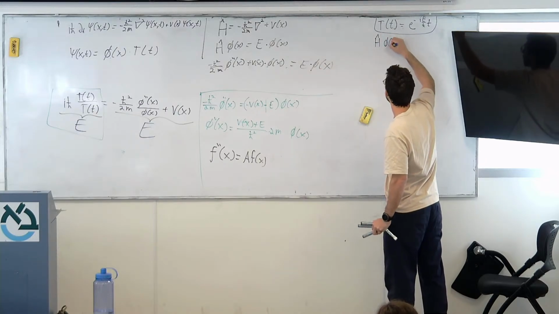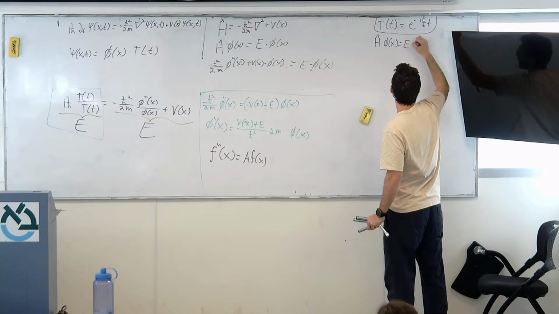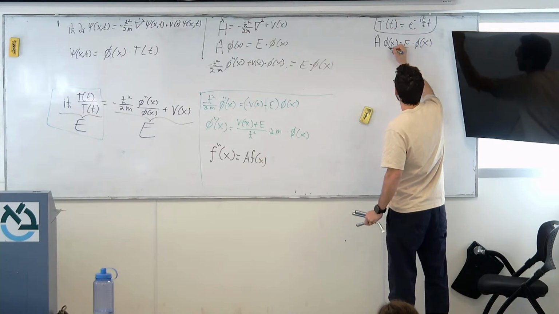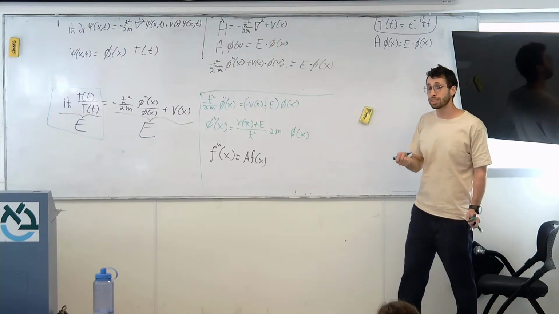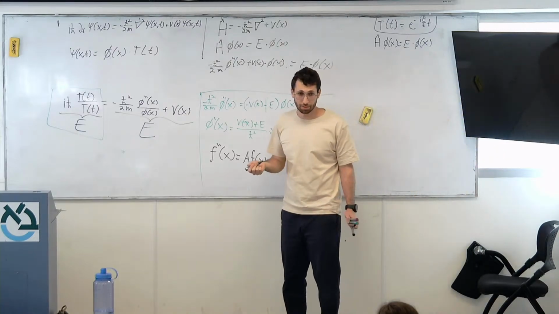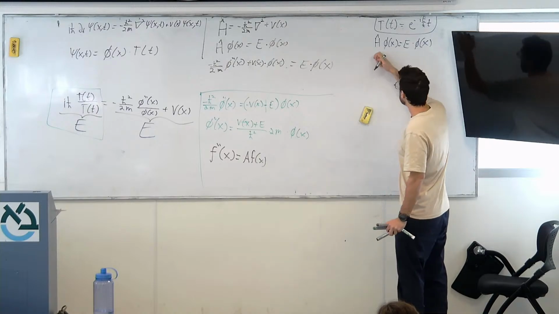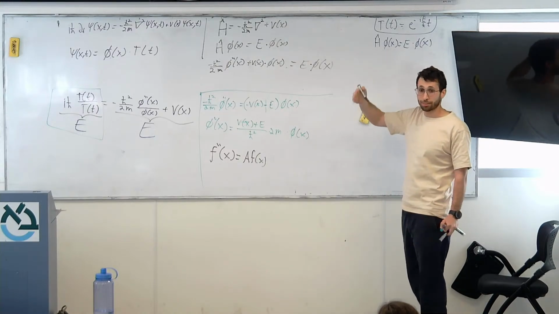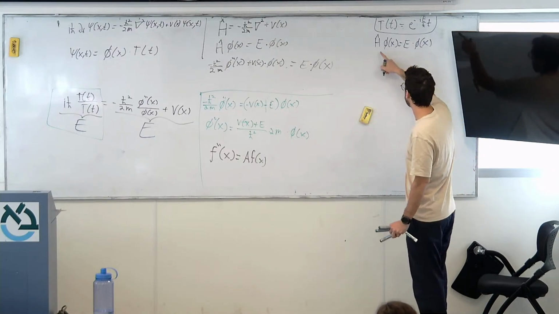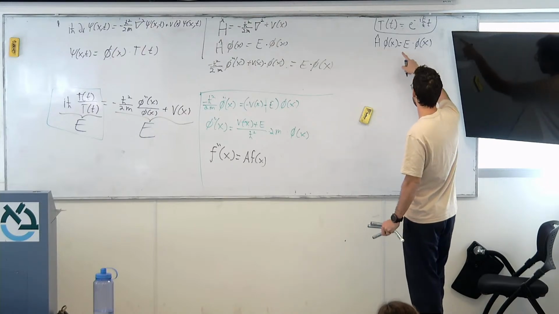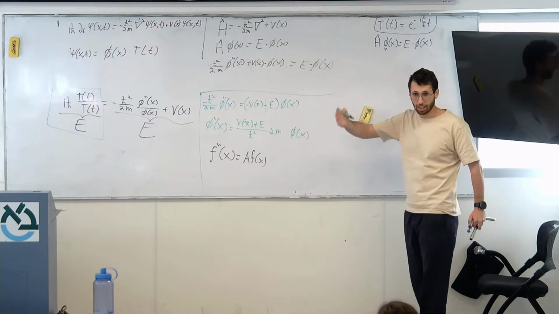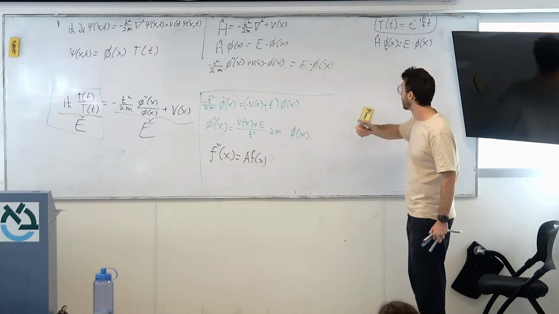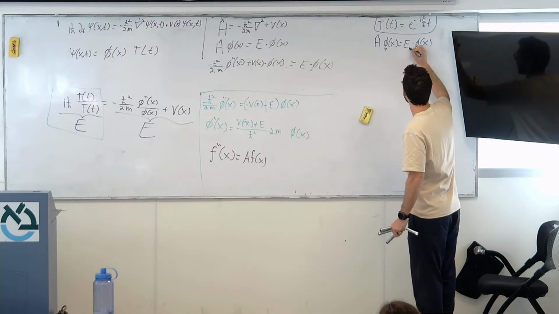So H phi of x equals E times phi of x. Usually, when we have boundary conditions, we get a quantization of the problem, and we solve for a specific mode every time. So usually we don't write just H phi equals E phi. We write H phi n, k, p, whatever the quantum number, equals En phi n.